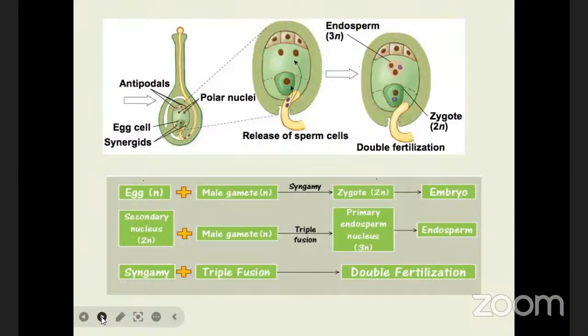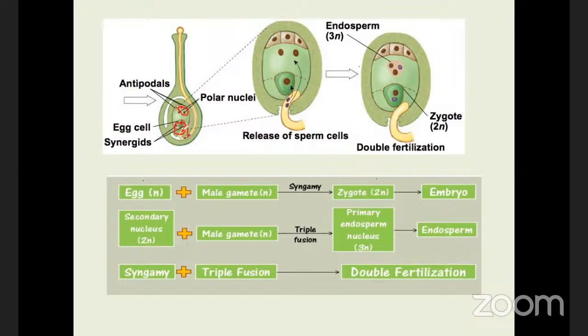You see here what is happening? The double fertilization process. Here is the egg cell, the synergids, and here the antipodal cells at the chalazal end, the egg apparatus at the micropylar end.